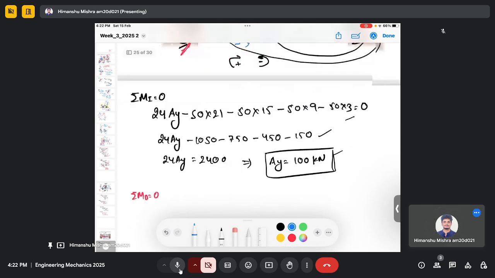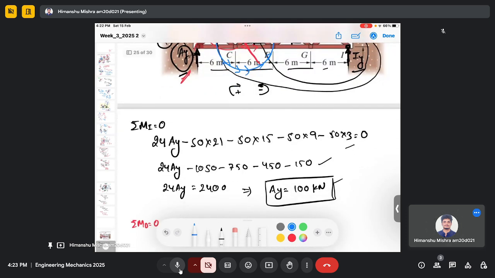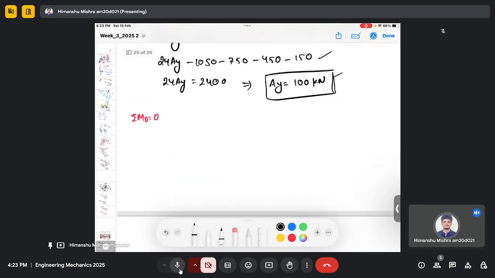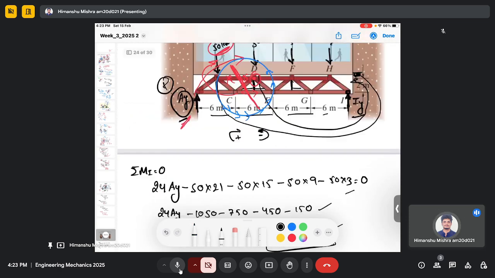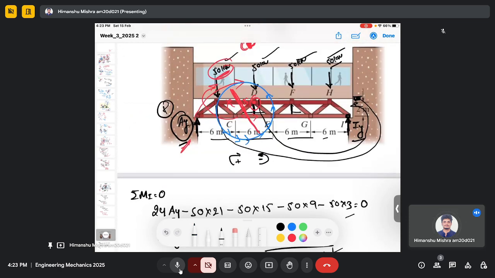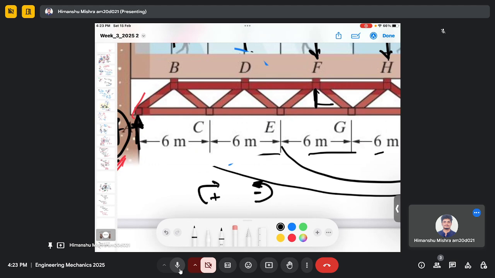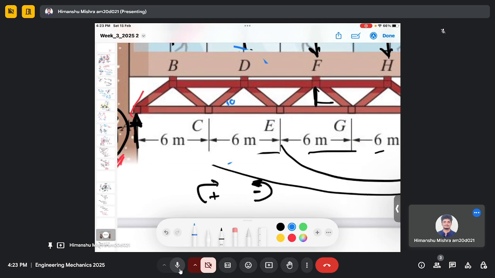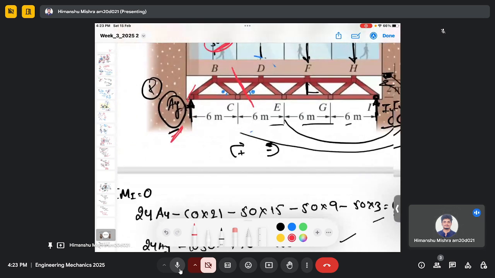So this will be AY, but we need to find the angle also, right? Because we don't know these angles. But for this moment equation, we don't require it now. We will require it later maybe. So let's focus on that only.